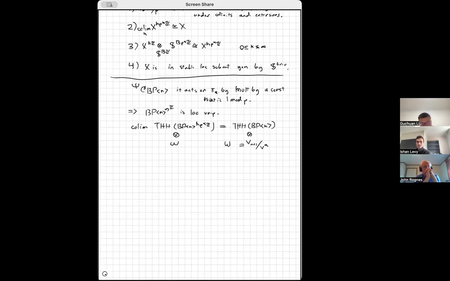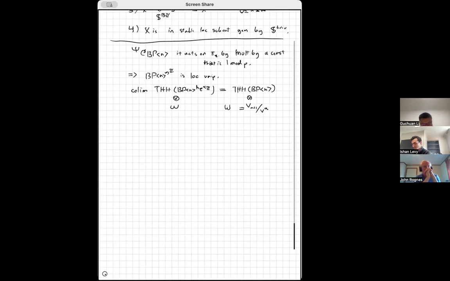And so now here's the key point in proving this equivalence with the trivial action. So what are we trying to prove? We're trying to prove that THH of BPN tensored with the BZ, which is the same thing as tensoring with THH of the sphere to the B P to the KZ.